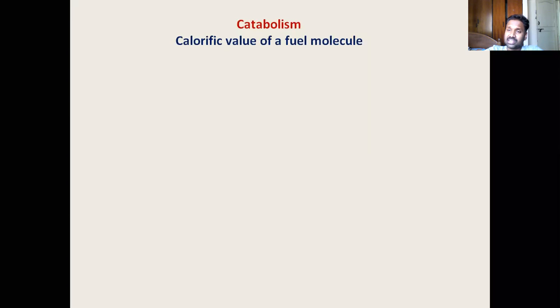But these fuel molecules have to be quantitatively characterized. How much energy is liberated if you burn 1 gram of glucose? Similarly, how much energy is liberated if you burn 1 gram of an oil? If you do such an experiment, the answer gives you the calorific value of fuel molecules.